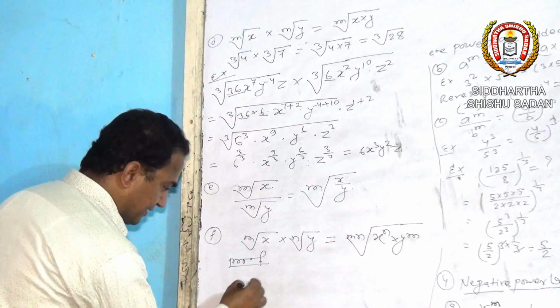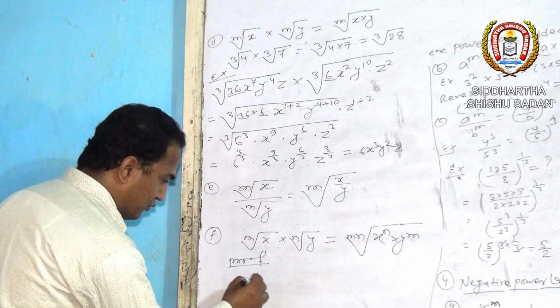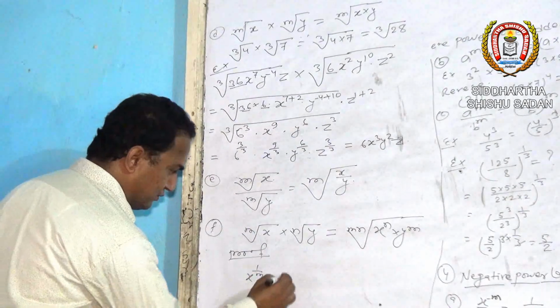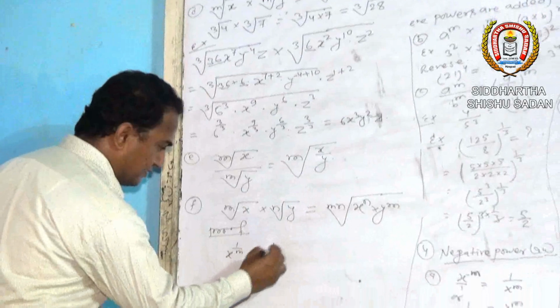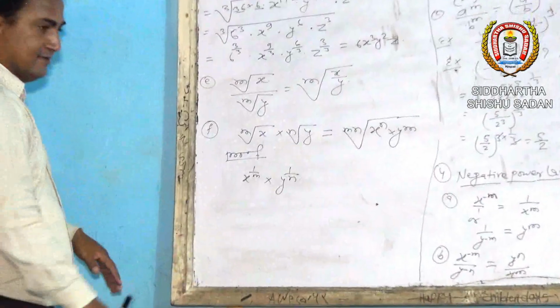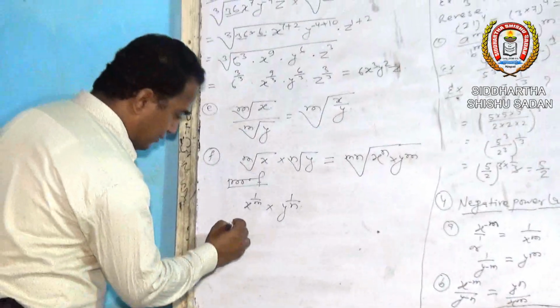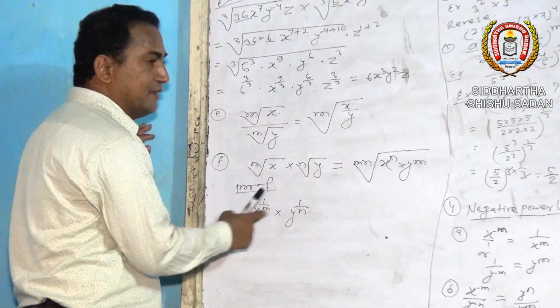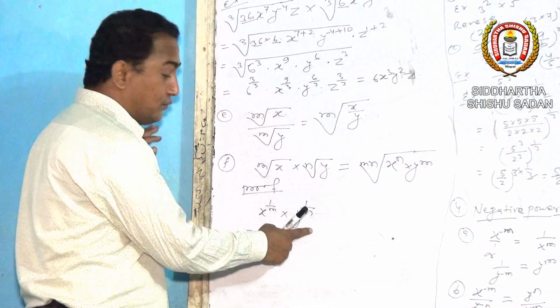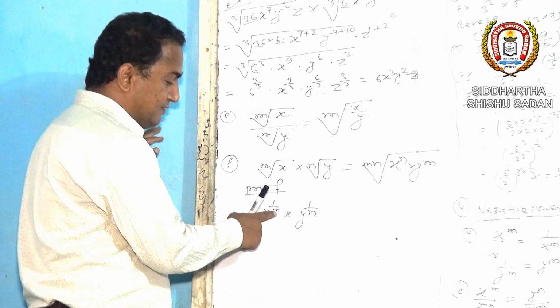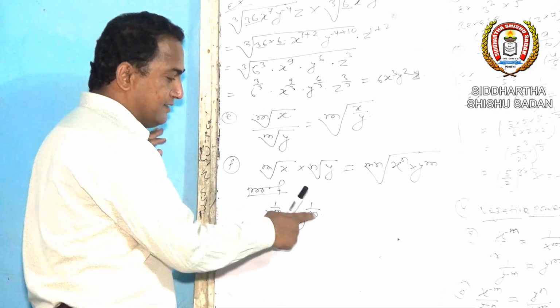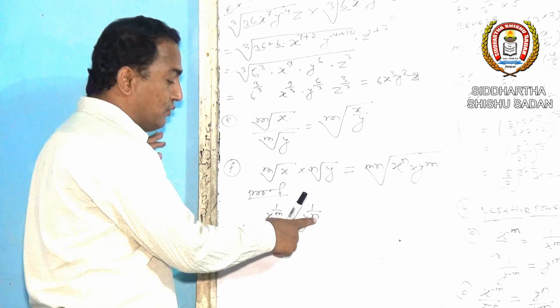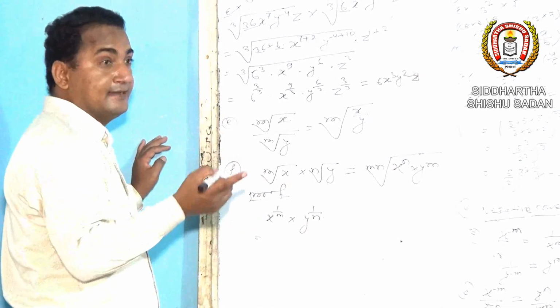Here, it will be x to the power 1 by m into y to the power 1 by n, right? Now we have to make the same power of both bases x and y. So in that condition, the denominator is here m and the denominator is here n. So what is the LCM of m and n? That is mn.